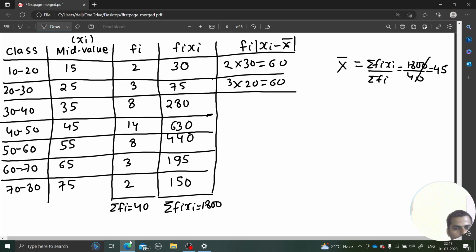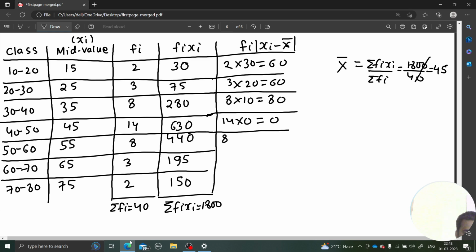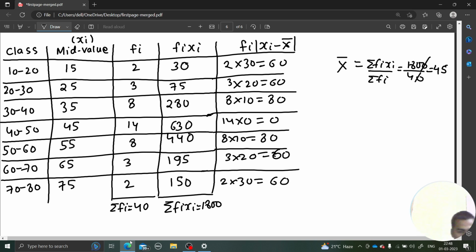Then in the next case it is 8 into 10, which is 80. Next case it is 14 into 0, which is 0. Then the next case 8 into 10, which is 80. 3 into 20, which is 60. And in the last case it is 2 into 30, which is again 60.